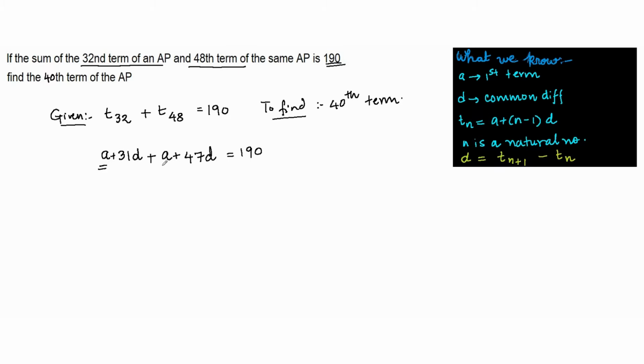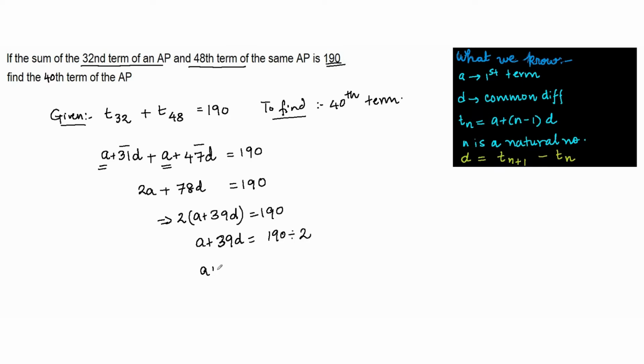Combining the like terms, a plus a becomes 2a, and 31 plus 47 becomes 78d, is therefore equal to 190, and that implies I can divide this whole thing by 2. So 2 times a plus 39d is equal to 190. I took 2 out as common, and therefore a plus 39d is equal to 190 divided by 2, and a plus 39d is therefore equal to 95.